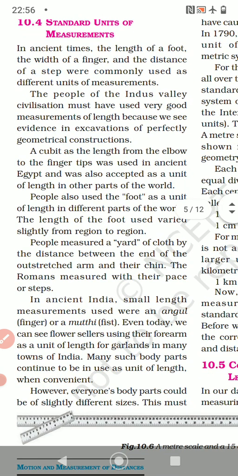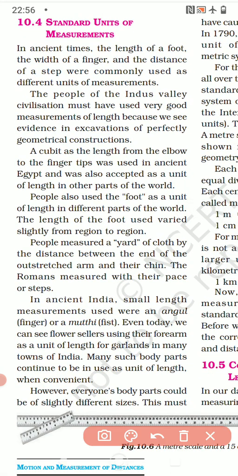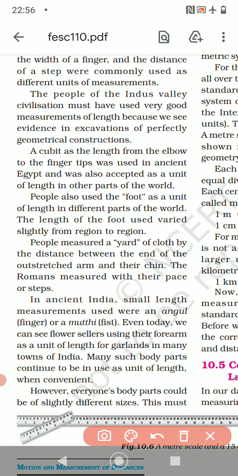A cubit. So what is a cubit? A cubit, the length from the elbow to the fingertips, was used in ancient Egypt and was also accepted as a unit of length in other parts of the world.